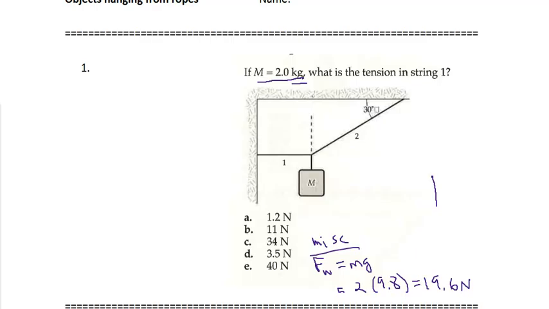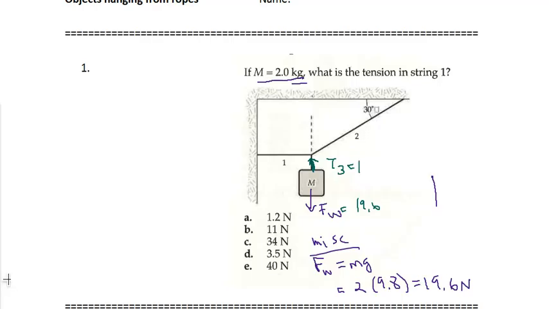It's a little confusing because that is the weight, which we know is being balanced by the tension. But if you were drawing the force diagram, so the tension equals, kind of transitive property, the weight is 19.6.